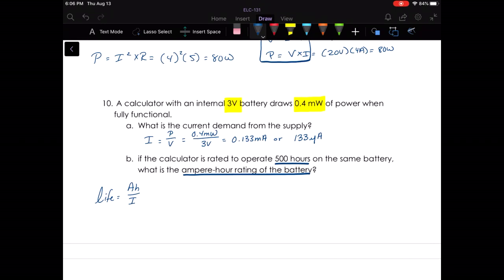So if we're looking for the ampere hour rating, we would just multiply the life of the battery by the current. So we've got 500 hours times the 133 microamperes, and that means that the ampere hour rating should be about 66.7 milliampere hours.